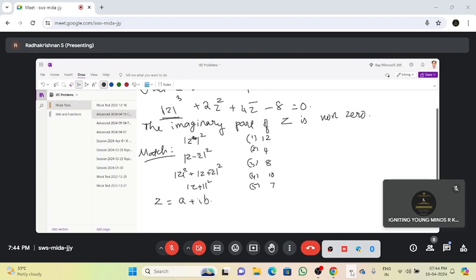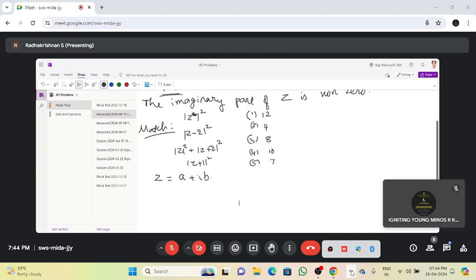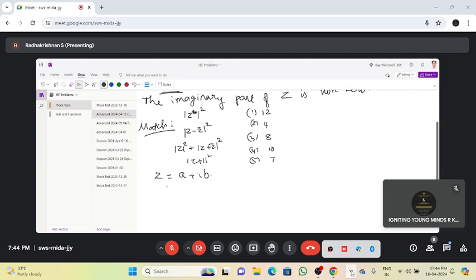Z into Z bar. Okay, so that's the straight definition for modulus: the distance from origin. Modulus means, by definition, distance from origin.